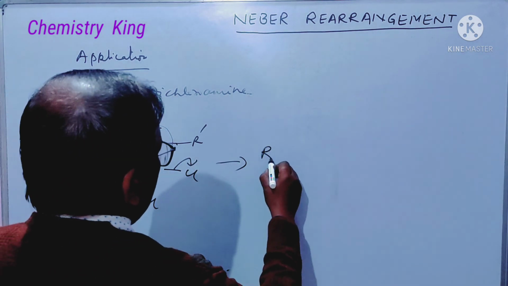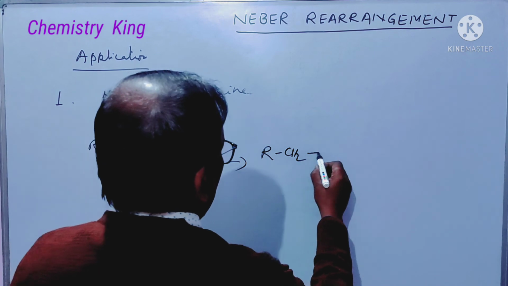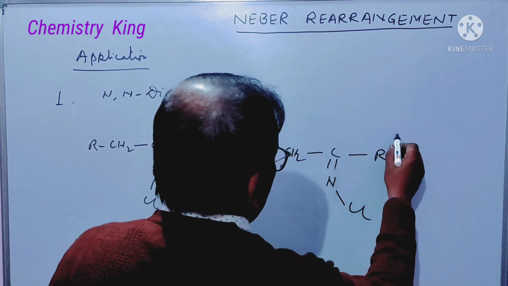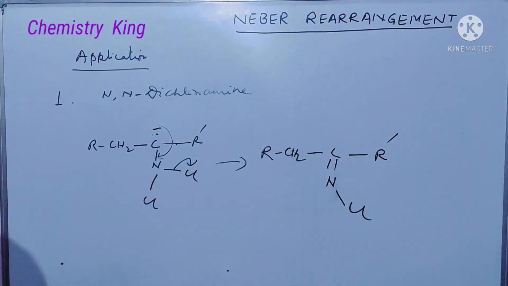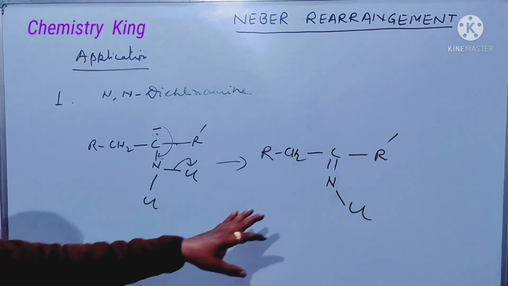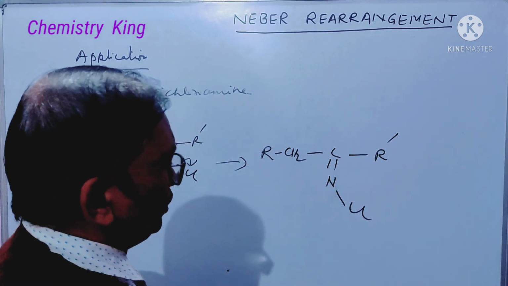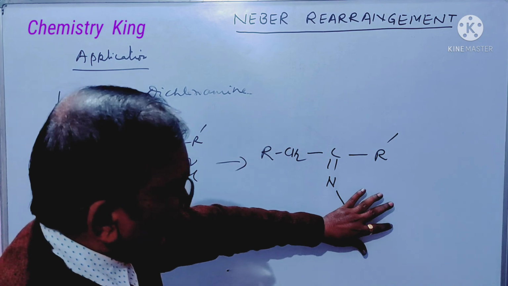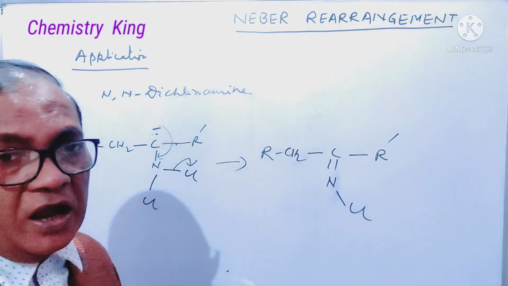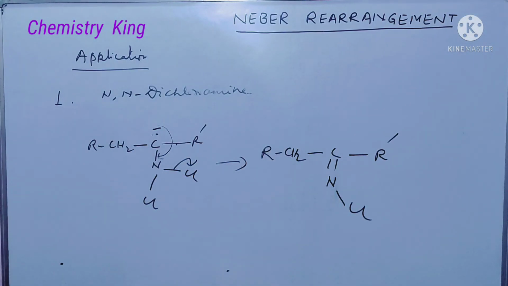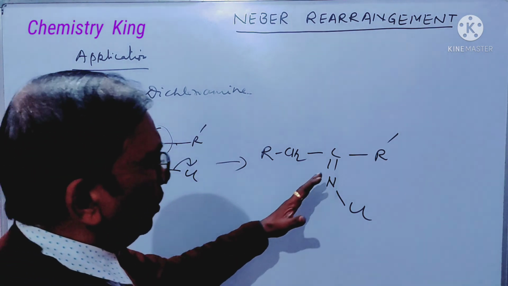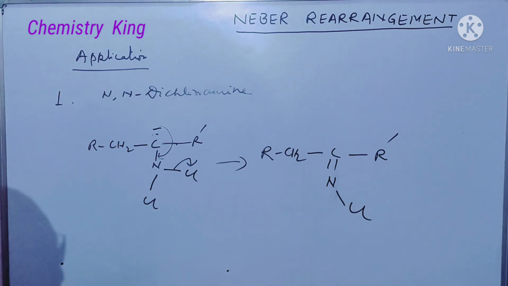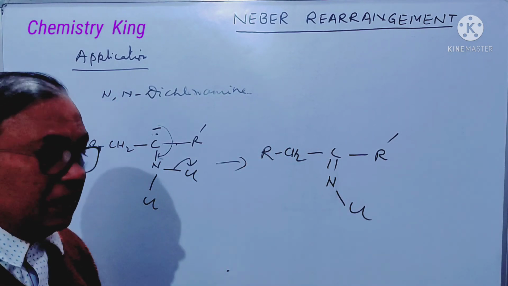What will be the product? RCH2 C double bond N Cl R dash. This is N-chloroketoxime. In place of tosylate, it is chloro, and chloro is the better leaving group. So it will proceed like before. The main mechanism of the Neber rearrangement will now follow from here.